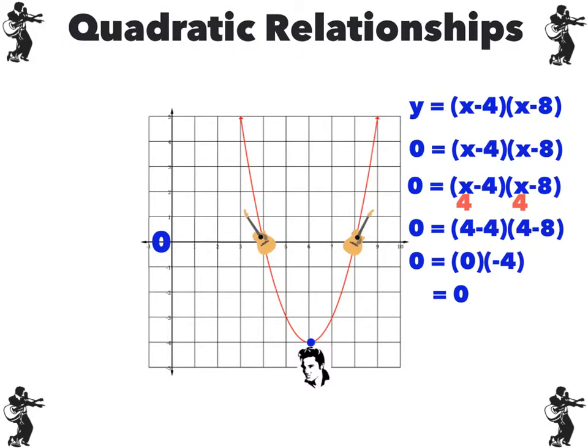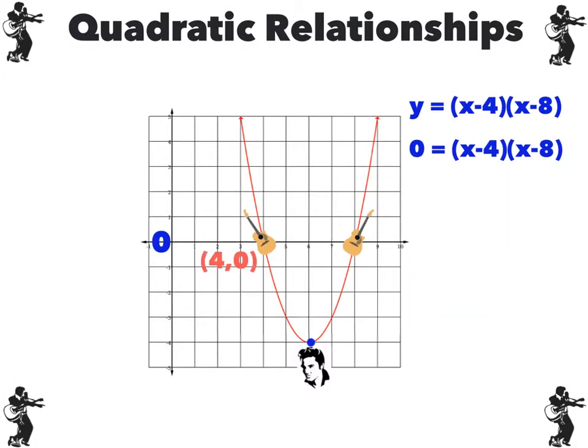So that makes this x-intercept (4, 0), which corresponds to this one right here. The other way that I can make the equation equal to 0 is by choosing the number 8 to go into the x positions.